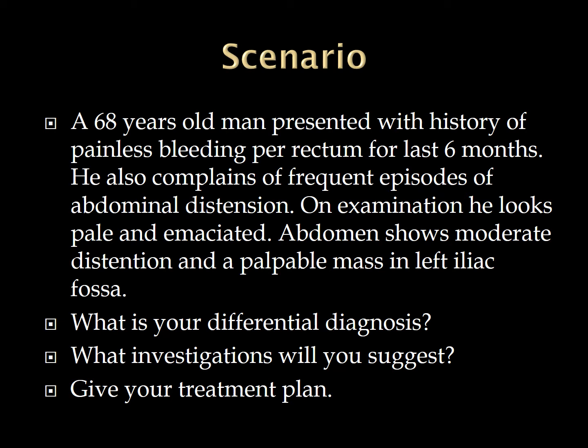He looks pale and emaciated. Abdomen shows moderate distension and a palpable mass in the left iliac fossa. So we have to consider what are the differential diagnoses and how will we investigate this case, and we have to give the treatment plan for this case, which has been highlighted in this scenario.